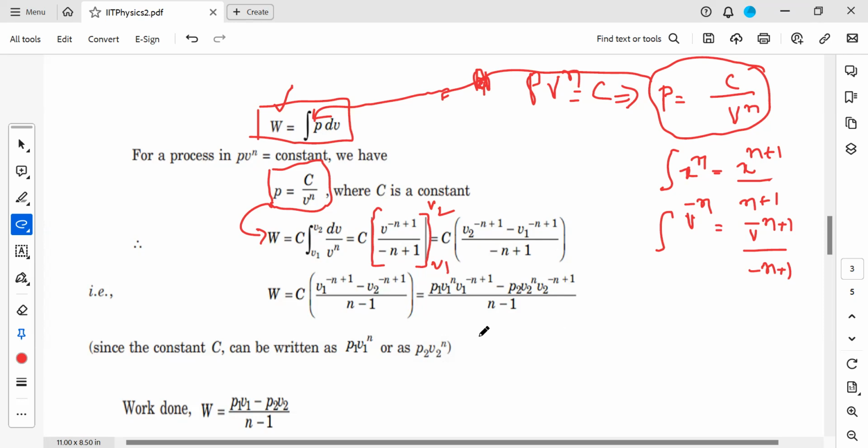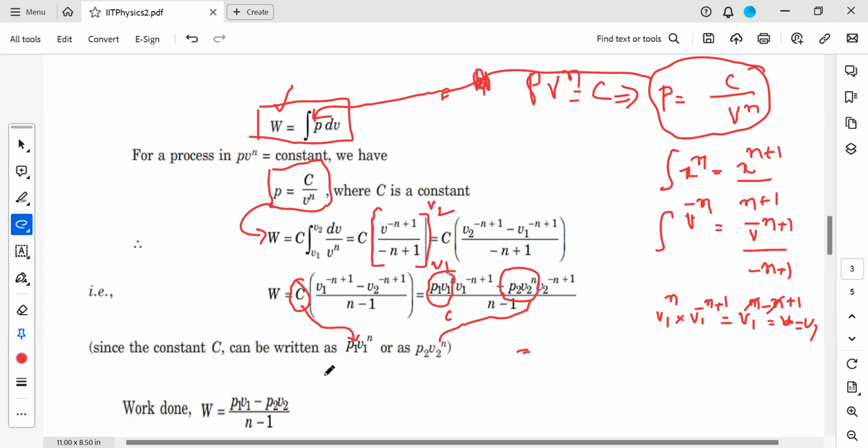Now in place of C we can write P1V1^n for the first term, and P2V2^n for the second term, since both are the C value. Substituting, V1^n into V1^(-n+1) becomes V1^(n-n+1), which is V1 only.